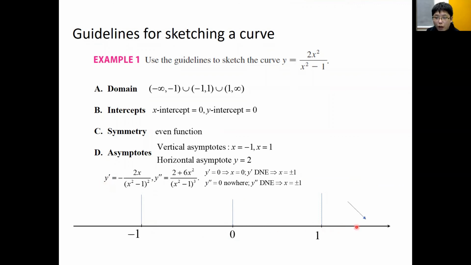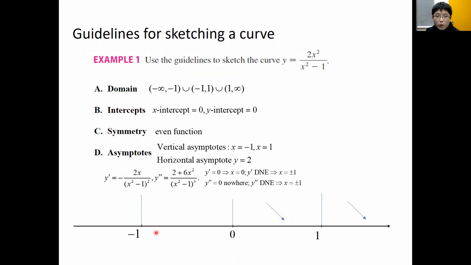So when x is greater than 1, you see that the denominator is positive while the numerator is positive. But then together with the minus sign in the front, we see that y prime is less than 0. So by the increasing/decreasing test, the function is decreasing. Similarly, when x is between 0 and 1, the denominator is still positive, the numerator is still positive. So with a negative sign in front, we see that the function is decreasing.